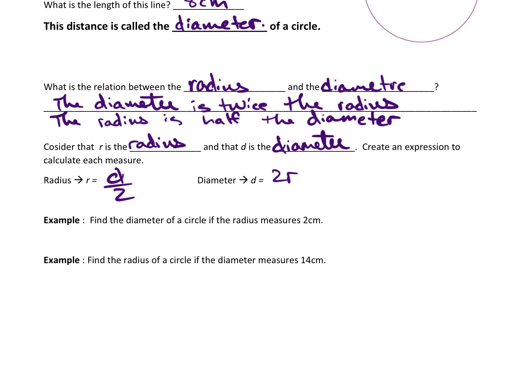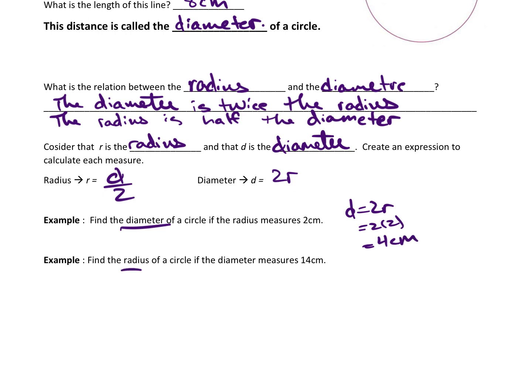Just a couple quick examples. We want to find the diameter of a circle that has a radius of 2 centimeters. d equals 2r, d equals 2 times 2, so I get a diameter of 4 centimeters.